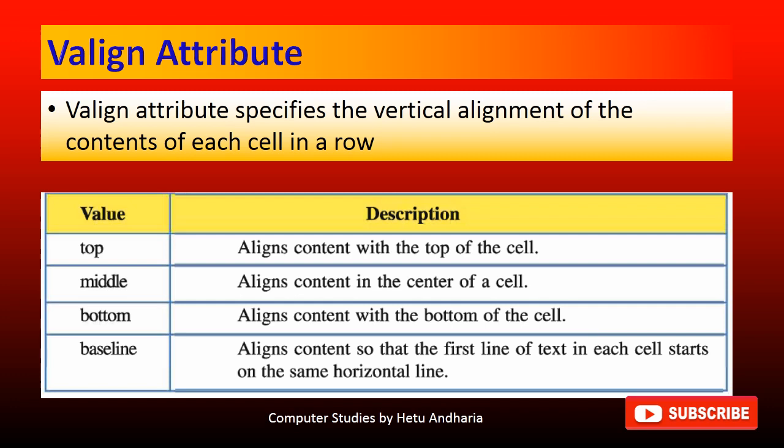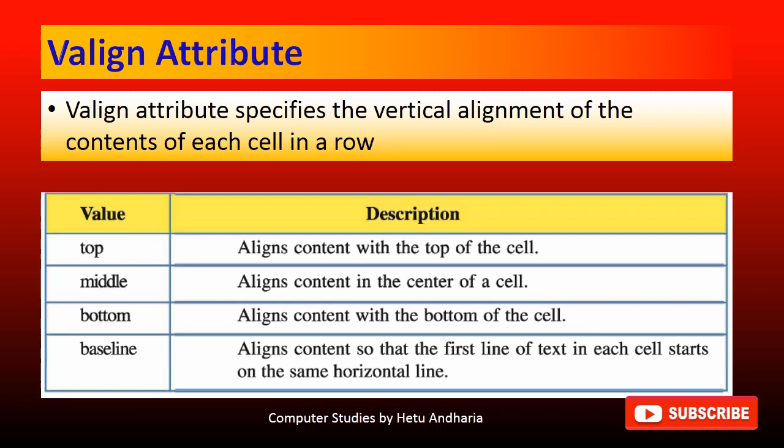So here V align has 4 values. First is top. If you use the value top against V align, then it will align the content with the top of the cell. If you type V align is equal to middle, then it will align the content to the middle of the cell, that is the center of the cell.